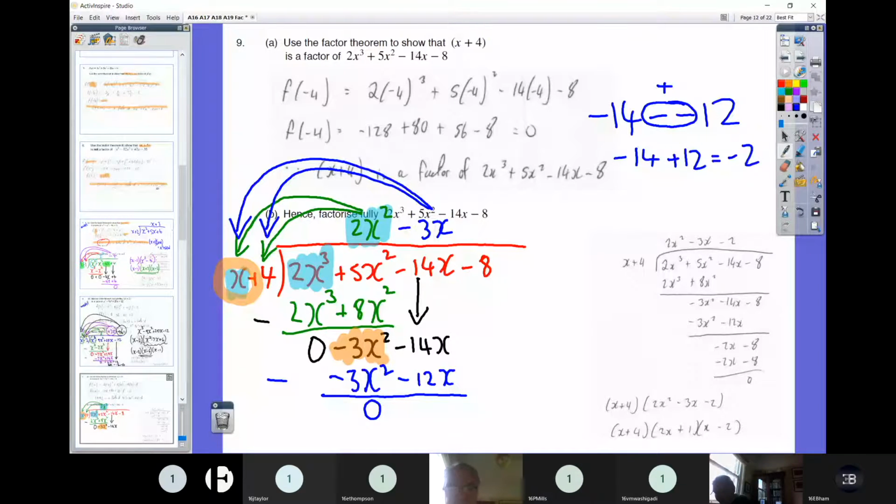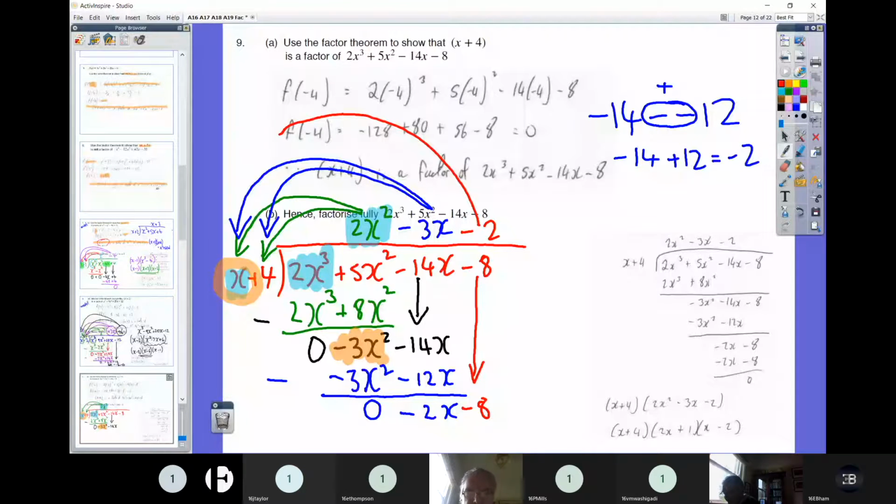Okay, and then you get ready for your final laps. You bring down your minus 8. You do your minus 2x into the x machine. Yes, sorry, I forgot to write my minus 2 up there, didn't I? So I do my minus 2, exactly what you said.